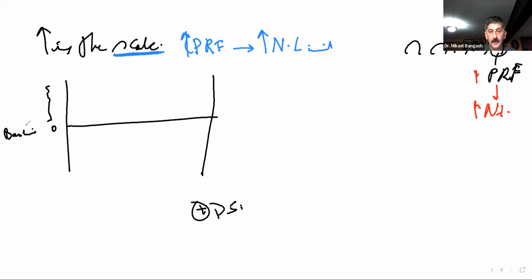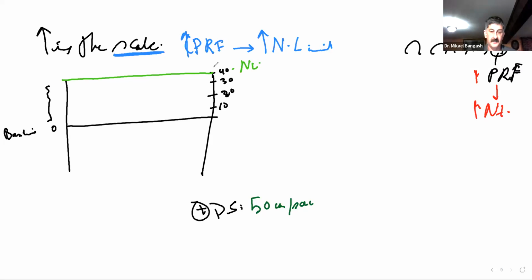But let's just say our velocity here was 50 centimeters per second, whereas at this point here, our Nyquist limit was set at a speed of 40 centimeters per second.